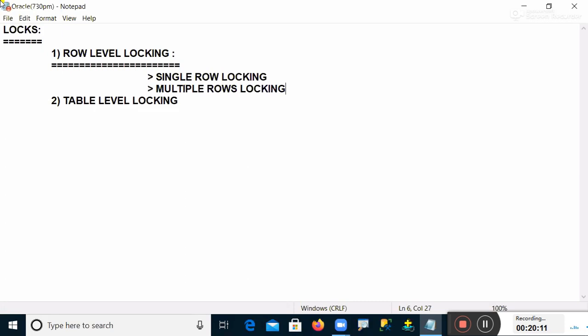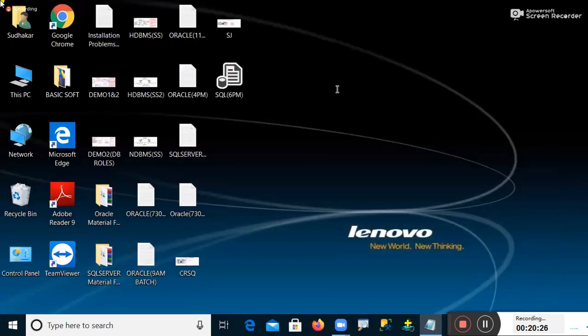So in row level, there are two types of locking: single row locking mechanism and multiple row locking mechanism. Now let us see with practical examples so you can understand. Let you come out, guys. First of all, I'm going to open.